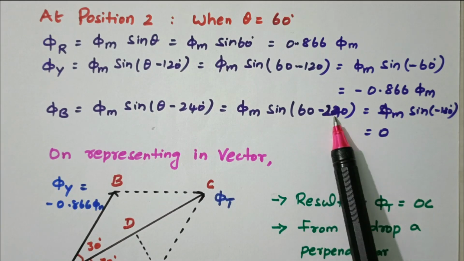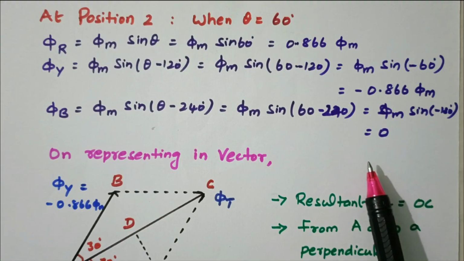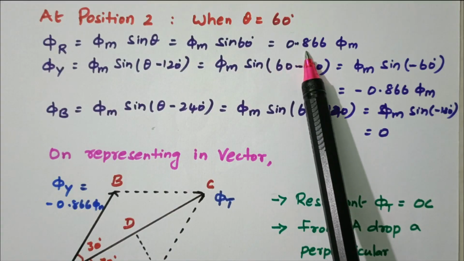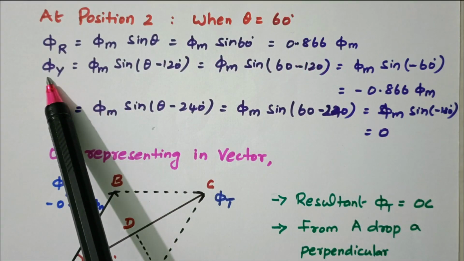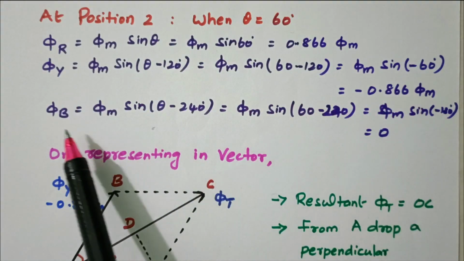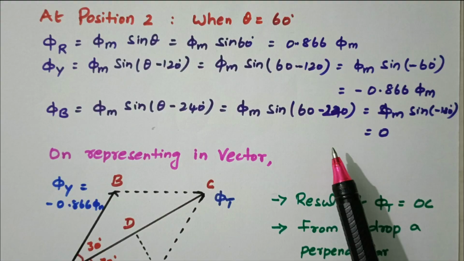That is 60 minus 240, which is minus 180, so sin minus 180 is 0. So φr is a positive value 0.866 φm, φy is a negative value minus 0.866 φm, and φb is 0. That is what we already discussed in the waveform and vector diagram.